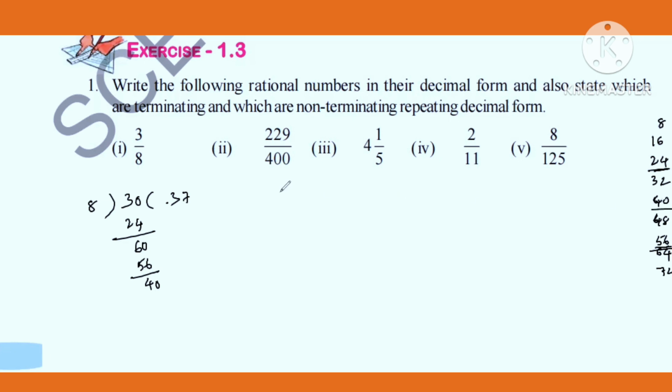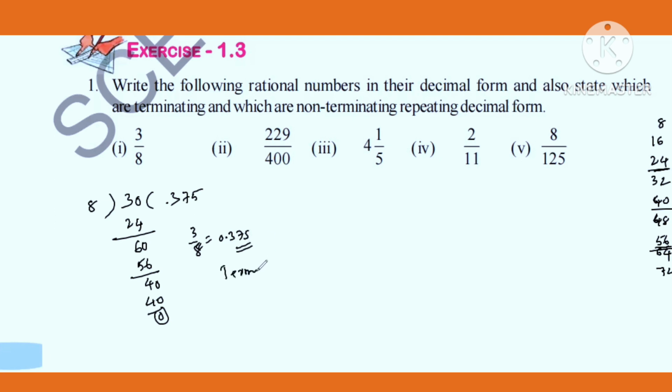So 8 5s are 40. That's all. If you write the 8 table up to 9, we get it easily. So 3/8 is 0.375, and this is a terminating decimal.